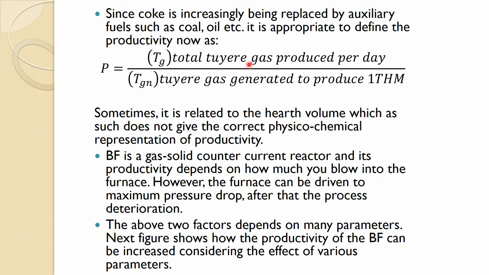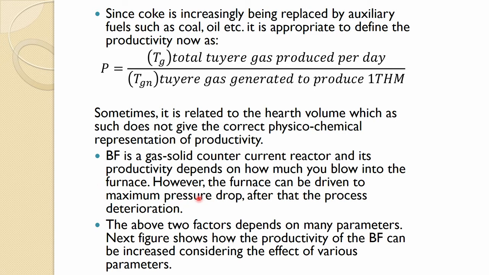So, blast furnace is a gas solid counter current reactor, and its productivity depends on how much you blow into it, how much air you can actually blow into it. However, the furnace can be driven only to a maximum pressure drop, and after that the process deteriorates.